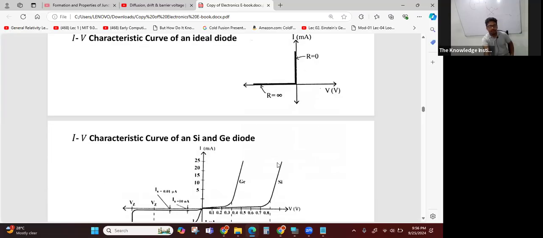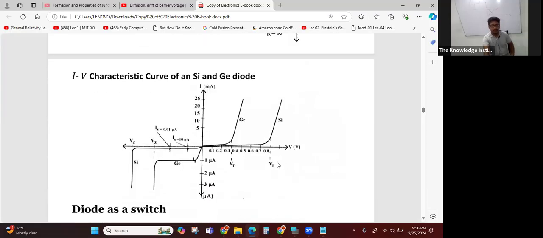And let's see the IV characteristic curve of silicon and germanium. Germanium usually has 0.3 or 0.4, and silicon has a value of 0.7.